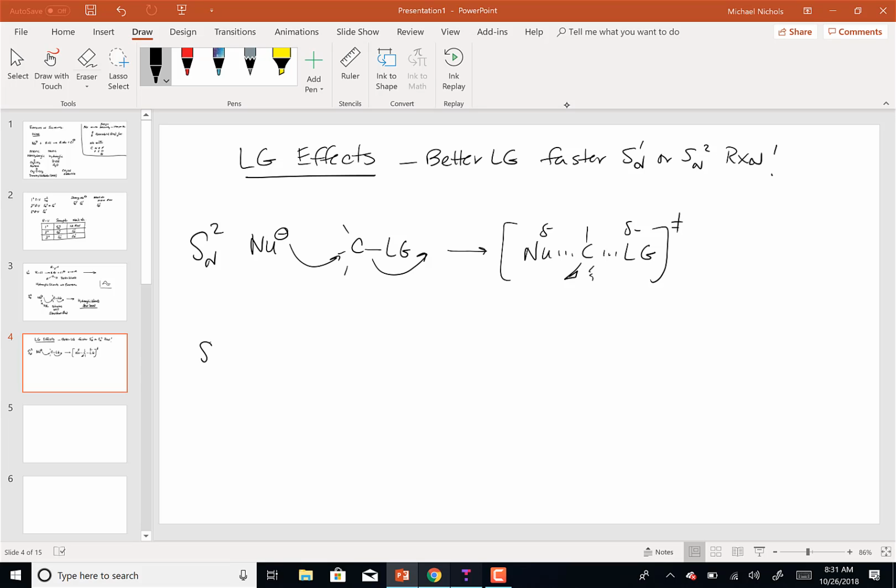What about SN1? Will the better leaving group cause the reaction to occur faster? What do you think?